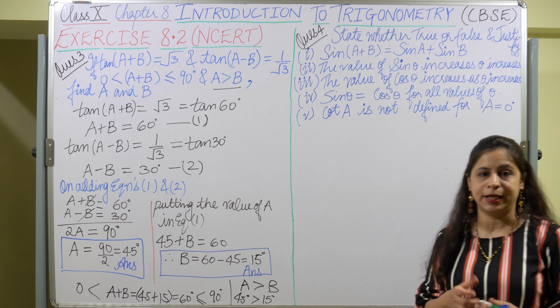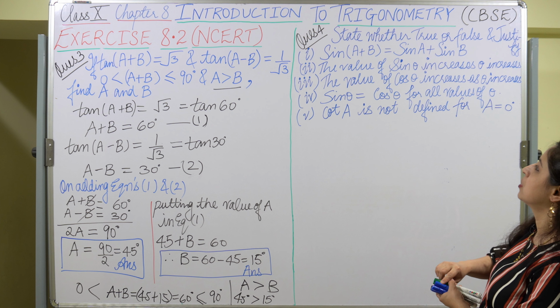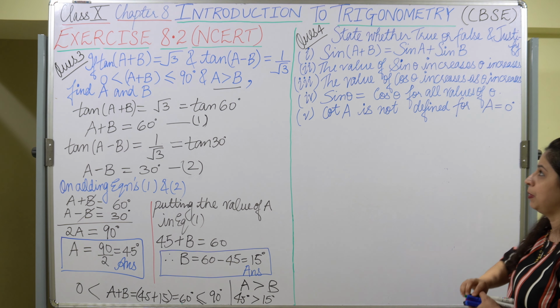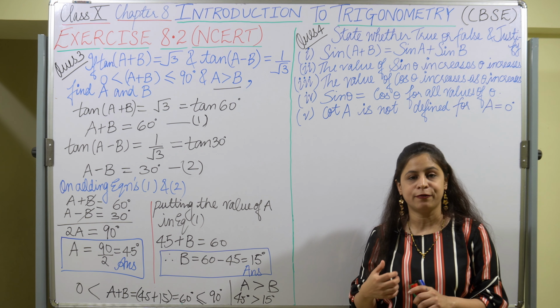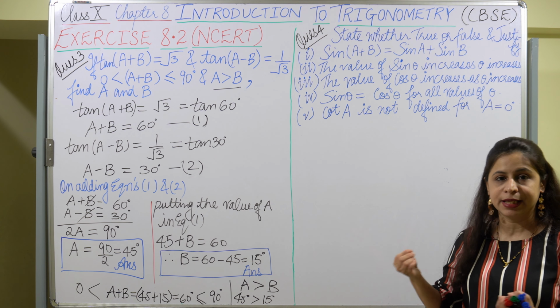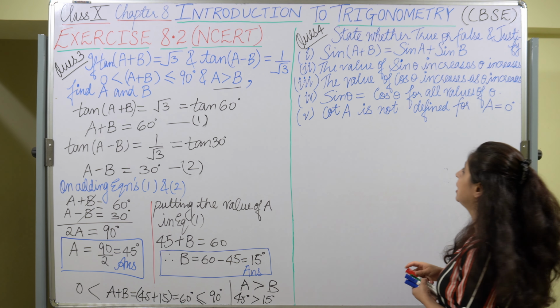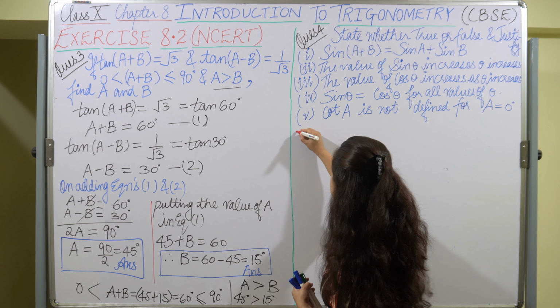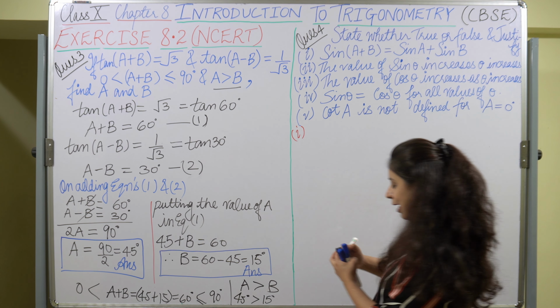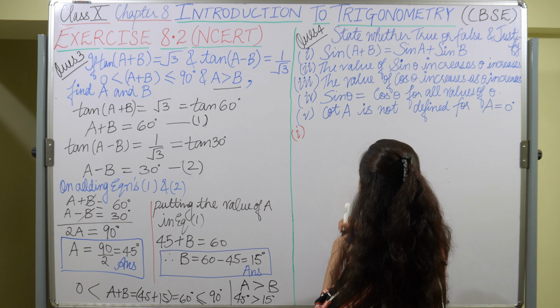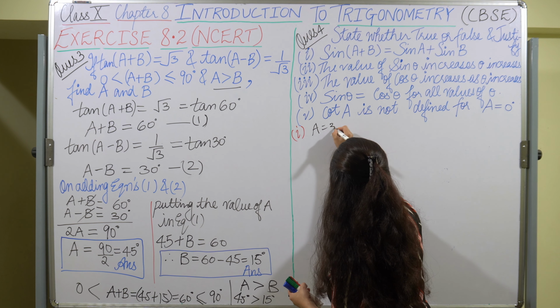In the first part it is given to us, sin(A + B) is equal to sin A plus sin B. Let us justify it by taking some angles. Let us take 30 degrees and 60 degrees. For the first part I am taking A to be 30 and B to be 60.